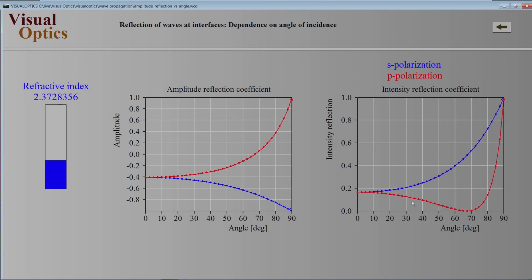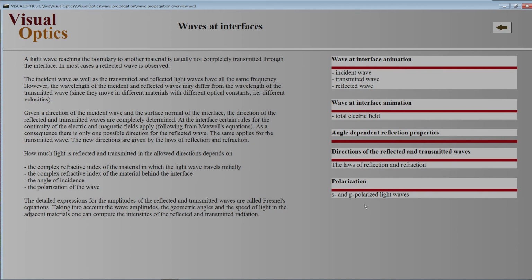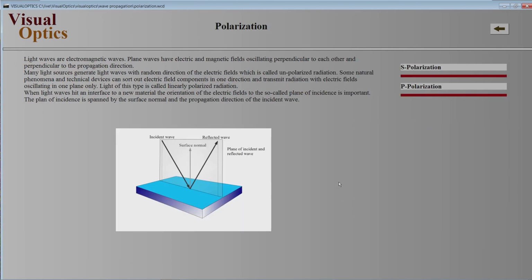So what is S polarization and P polarization? I have prepared a sketch. Let's take a look at the interface. That's this surface here, the interface between vacuum, which is on top, and the solid material at the bottom. There's a surface normal, and as long as you have normal incidence, the light enters from the top to this interface.